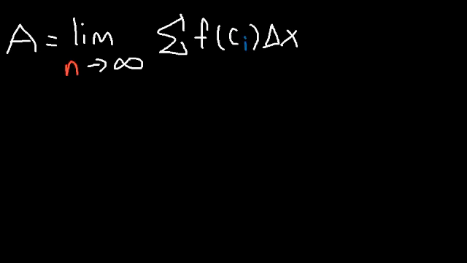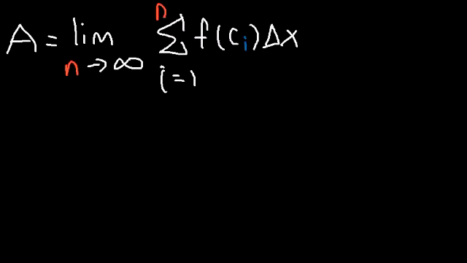So f times delta x is the area of the rectangle, and we're going to sum up all the areas of each rectangle, starting from 1 to n, where n approaches infinity. So this is the area expression using the limit definition.